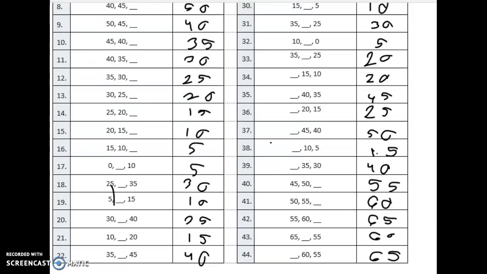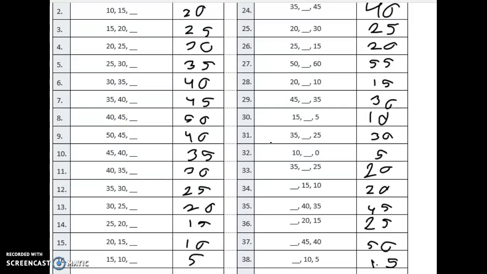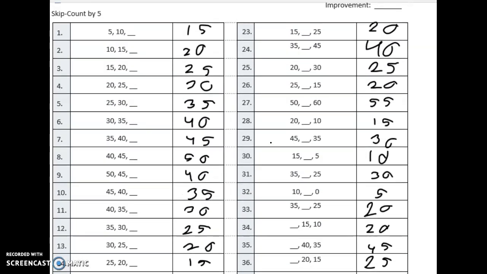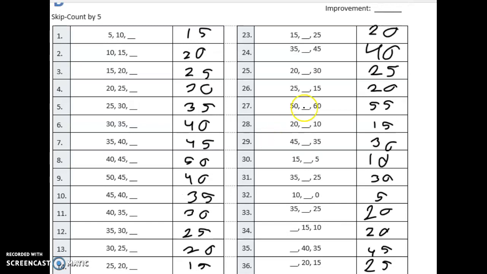Okay, that's the end of column 1. Column 2 coming in 3, 2, 1, go.